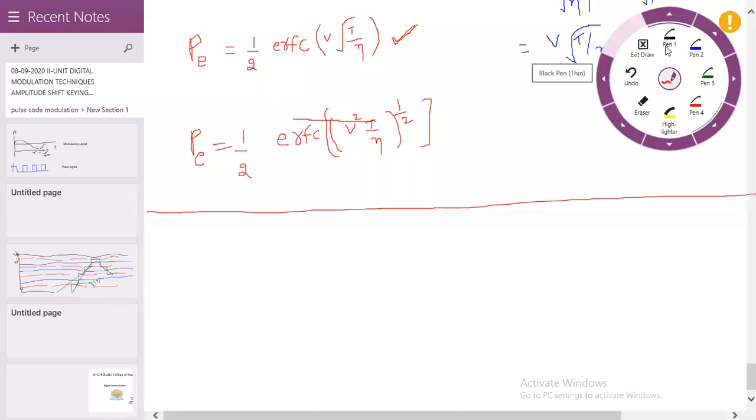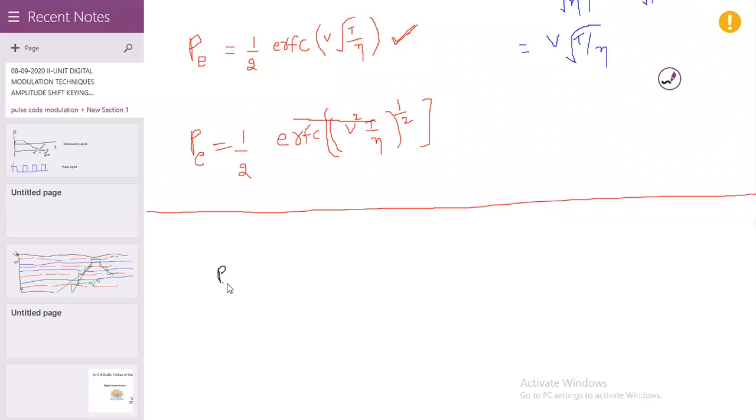In probability of error, we have 1/2 times the complementary error function of, as we can observe, the expression from the previous class, where the square and root can be applied.